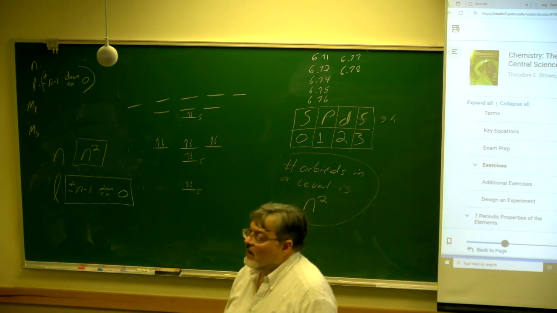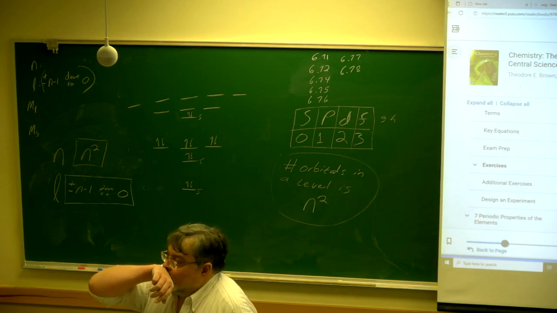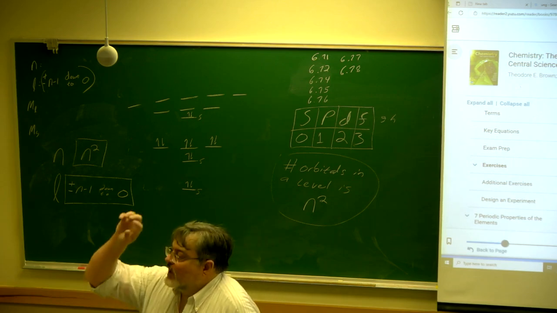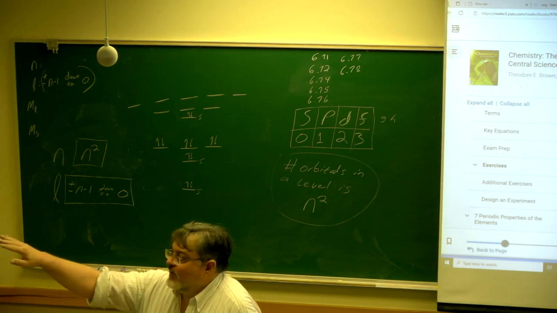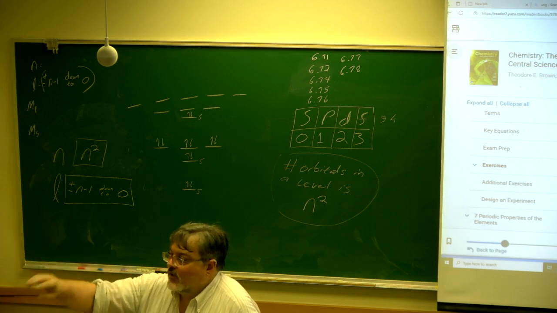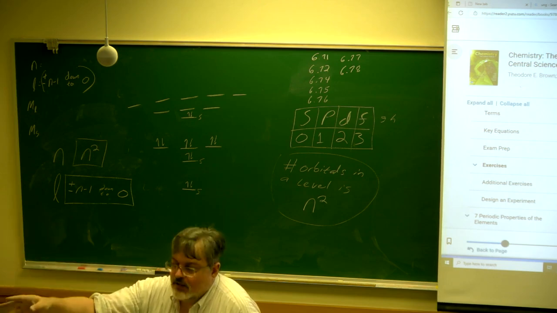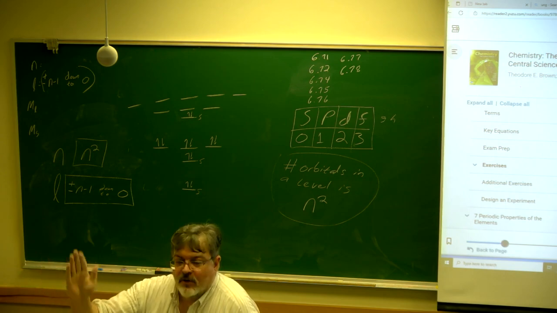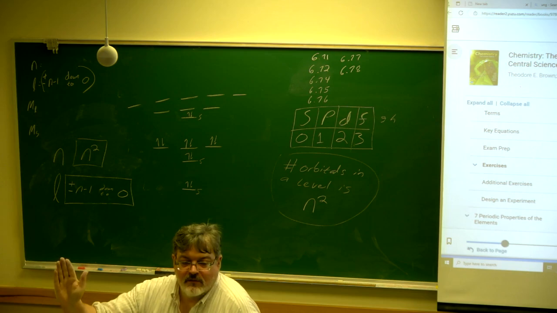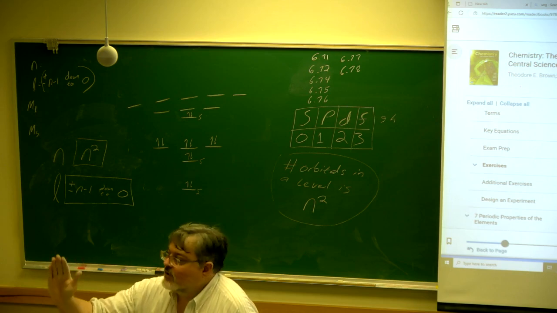And by the way, if you look at the p block and you count from left to right, there's 6 slots. If you look at the s block, and you go from left to right, there's 2 slots. You see what I'm saying? That represents the 2 electrons.